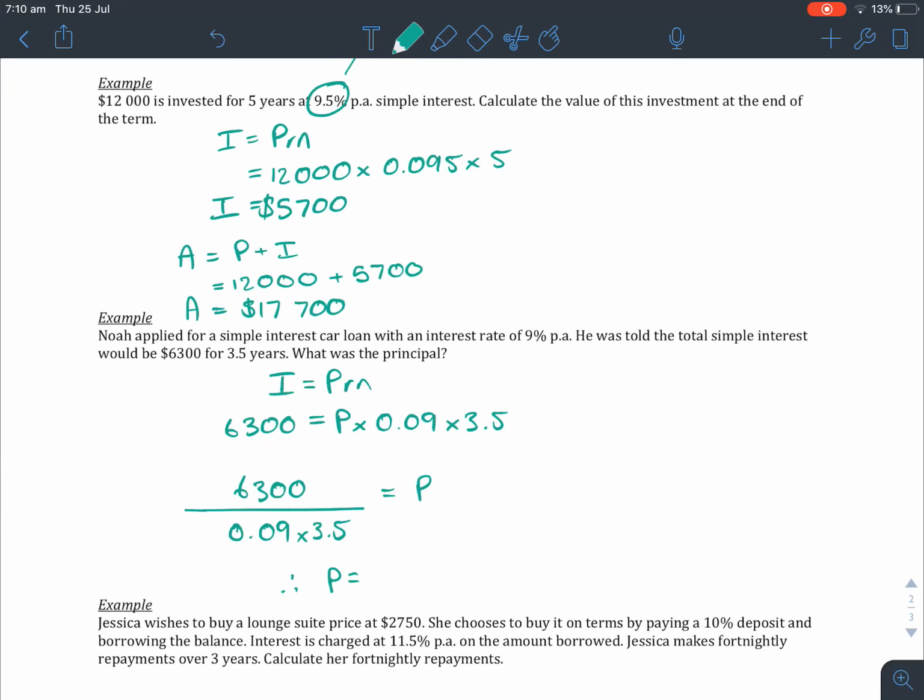P equals 20,000. Does that sound reasonable for a car loan? Yes, it does.